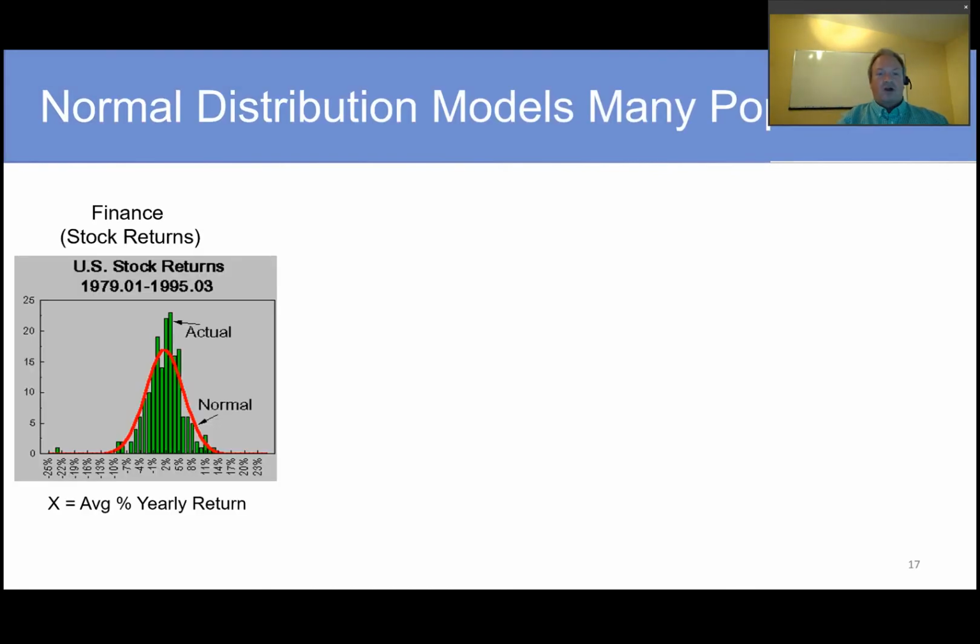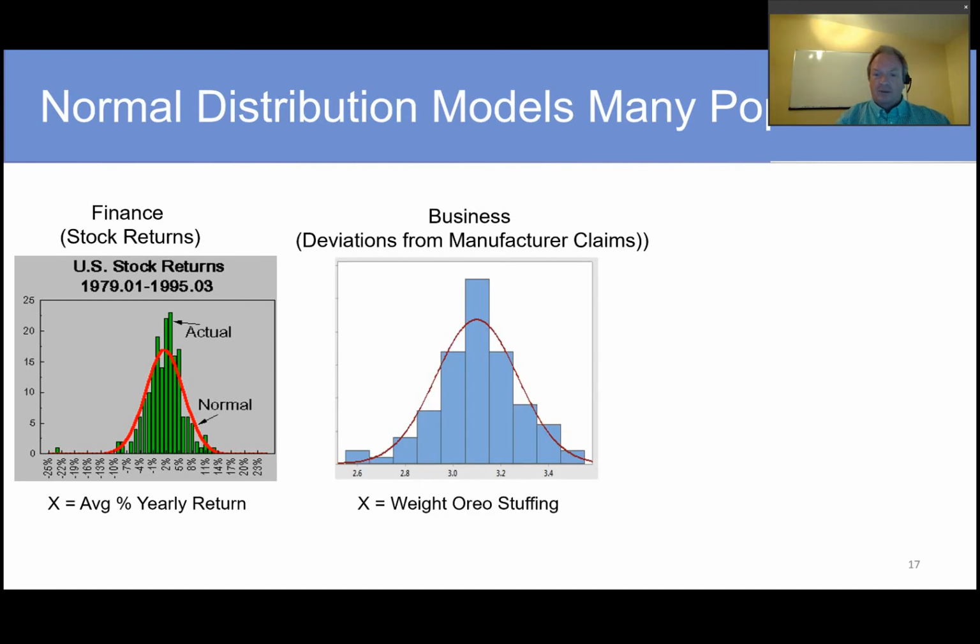If you look at stock returns, they tend to have a normal distribution. When you look at deviations from manufacturers' claims, for example, the weight of stuffing in an Oreo, and you take a gazillion Oreos, and people actually do this, later on we're going to talk about a famous study to see if double stuffed Oreos are really double stuffed. Someone actually did this in real life.